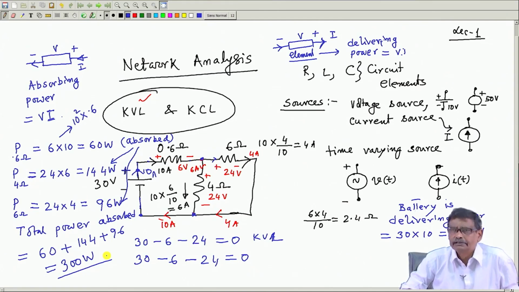No matter how complex the circuit is, whether the sources are time varying, whether R, L, C are present, at any given time t, if you know the instantaneous voltage drop across all the elements and the instantaneous value of the currents in all the elements, this power balance must prevail, along with the fact that KVL and KCL will be satisfied.